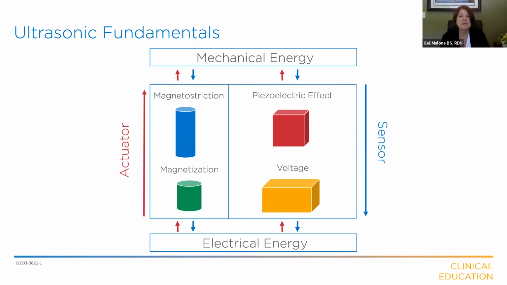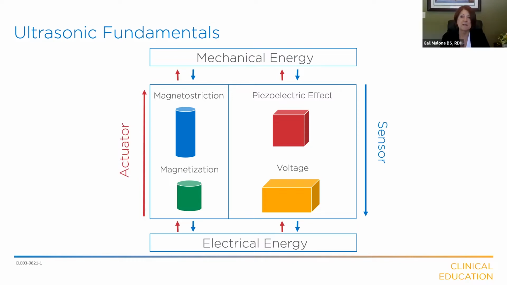There are two basic types of ultrasonic technology. We have magnetostrictive and piezoelectric. This image provides a visual of the basic differences in terms of functionality of the two technologies. On the left side, you see an image that demonstrates how magnetostrictive or Cavitron technology works. With this technology, we have an electrical field that's generated inside a coil in the handpiece.